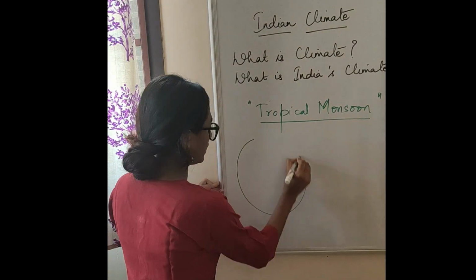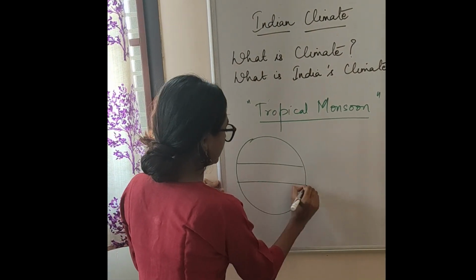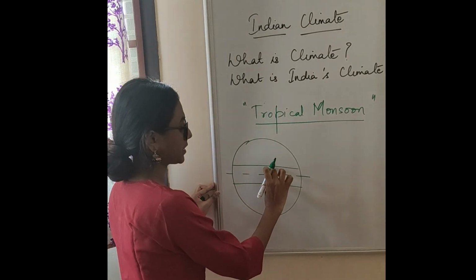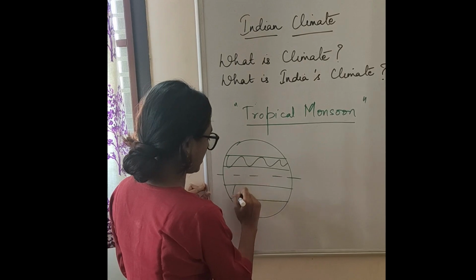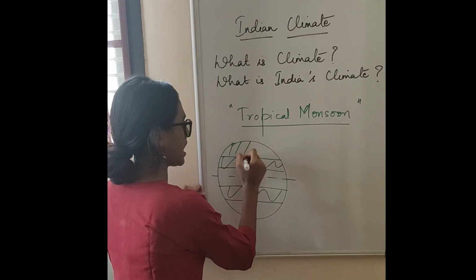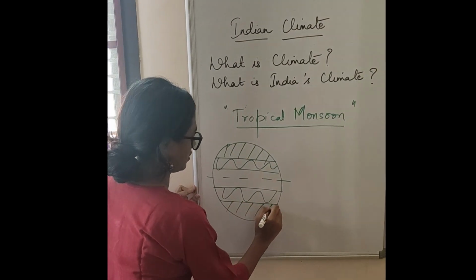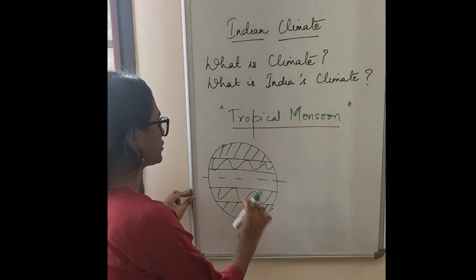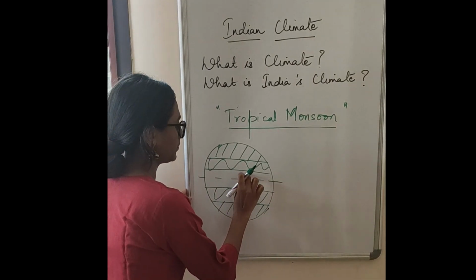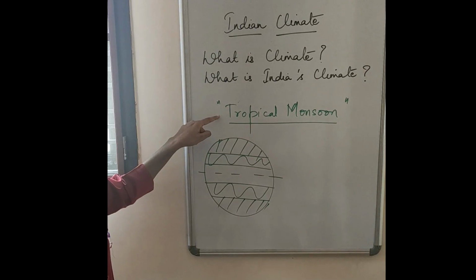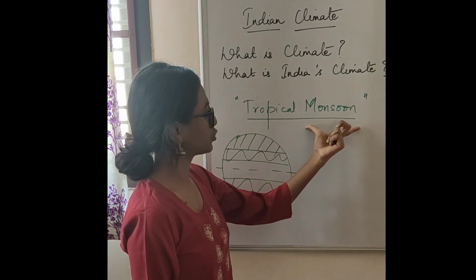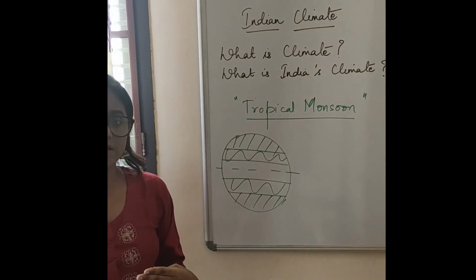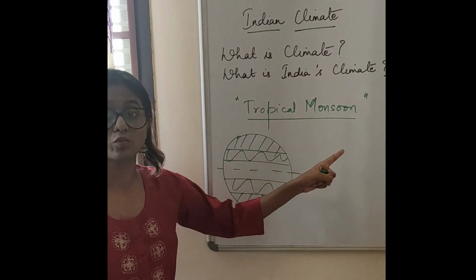You know that the earth is divided into 3 zones. This is the equator, this is the tropical zone, this is the temperate zone, and this is the Arctic zone. Since we are placed in the tropical zone, we use this word in our climate, and monsoon because our country's climate is greatly influenced by the monsoon winds.